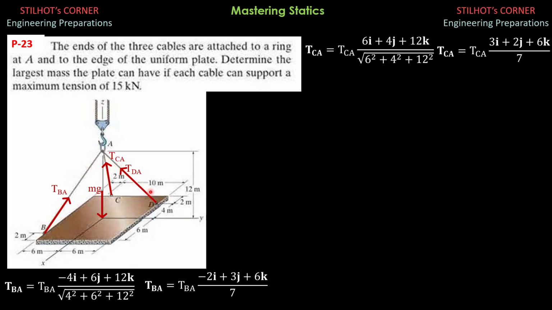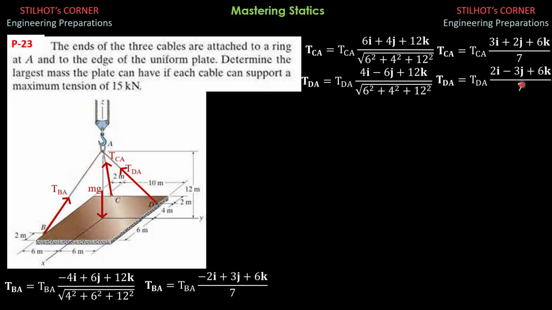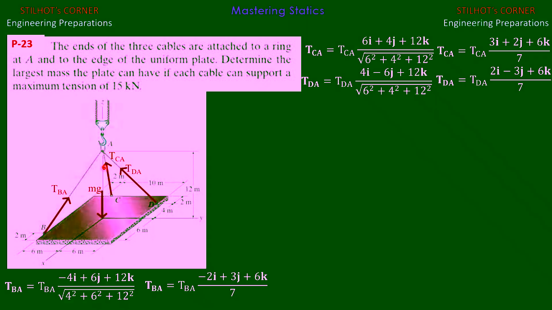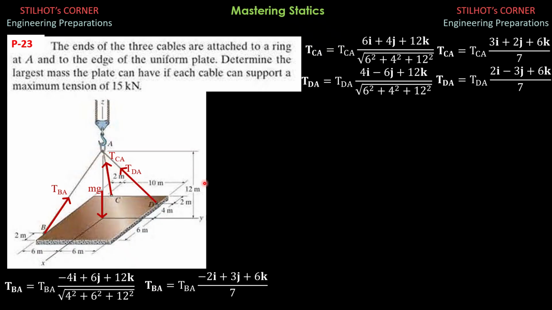So tension DA is magnitude of tension DA, quantity positive 4i, negative 6j, positive 12k over square root of 4 squared plus 6 squared plus 12 squared, and that is tension DA, quantity 2i minus 3j plus 6k over 7. Then, of course, this is going down, negative mg k, this one.